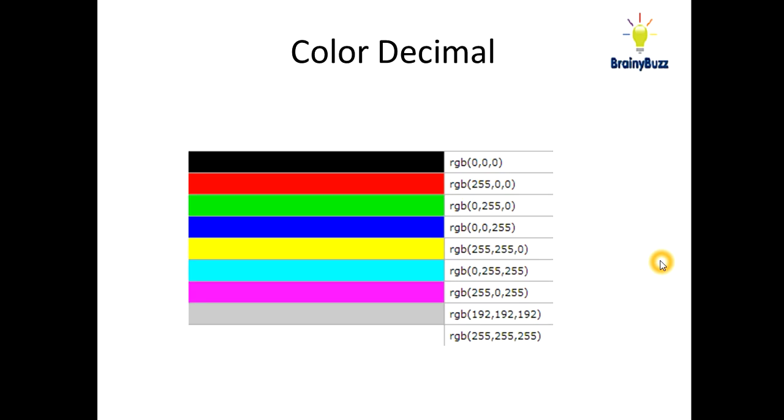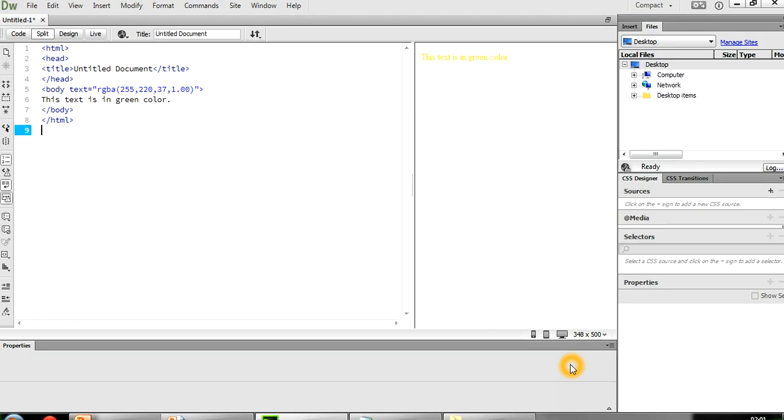For the RGB colors, it is the same. Like for blue you have put 255, you have put the red and your blue color, and 192 is for your gray color. So this is the combination, this is the value that you will put as the value of the text attribute over here.